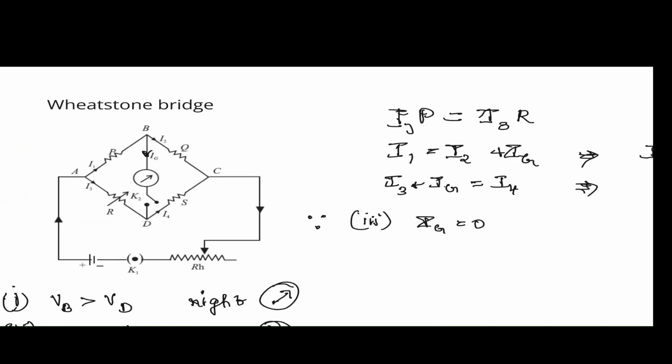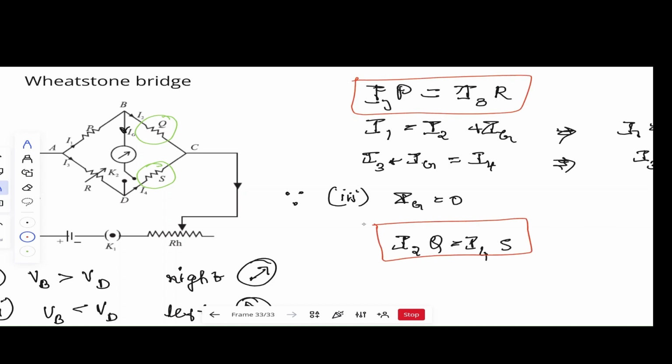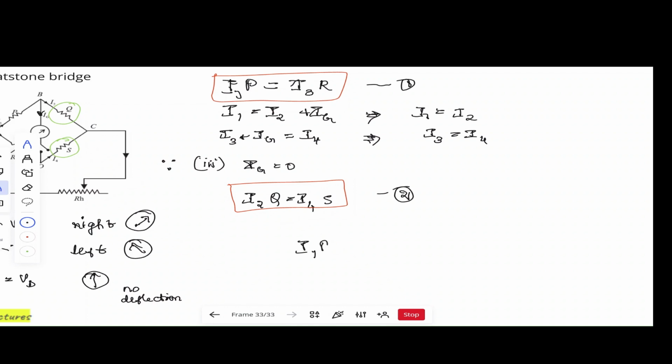We also note that the potential drop across Q will be equal to the potential drop across S. Then we can write this as I2Q is equal to I4S. So dividing the first equation by the second equation, we get I1P by I2Q is equal to I3R by I4S.